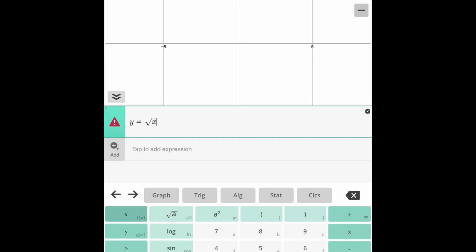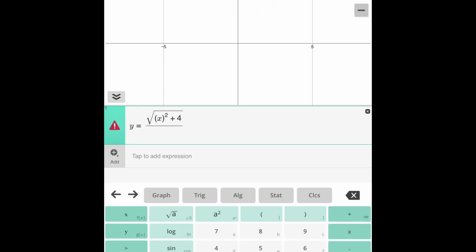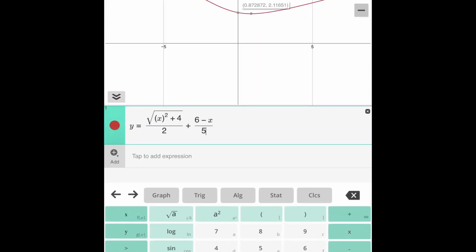Okay. So y equals, let's try this one more time, the square root of x squared plus 4 divided by 2 plus 6 minus x divided by 5. And if we click on that point, it'll tell us that it's 0.873, comma 2.117.